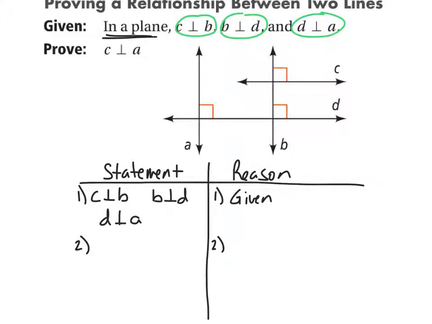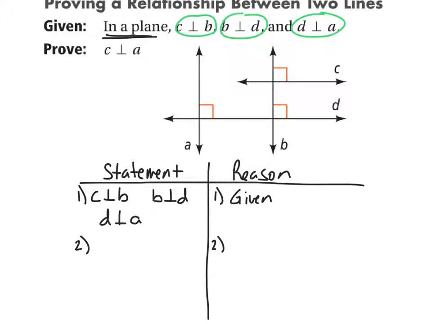So looking at that, just without even trying to write the proof, which lines do you think are going to be parallel? A and B, C and D. I agree. Well, look back at your theorems on the front side. Don't we have a theorem in there that says something about lines being perpendicular to the same line? Yeah? Okay.